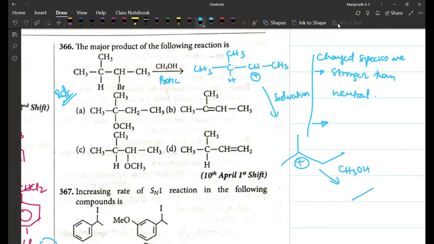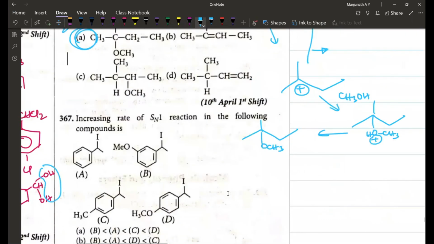Solvation by methanol will result in this product. Then deprotonation to give OCH3, which is the product. Yes, look at this. A is the answer. Any doubt? Awesome.